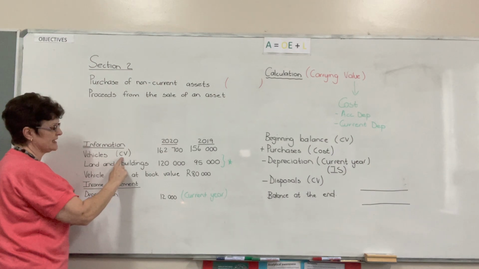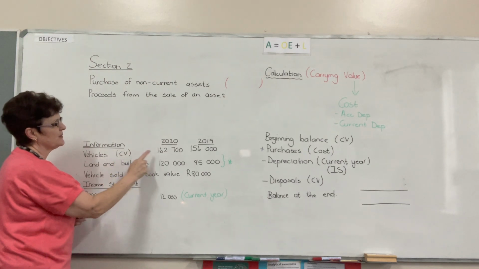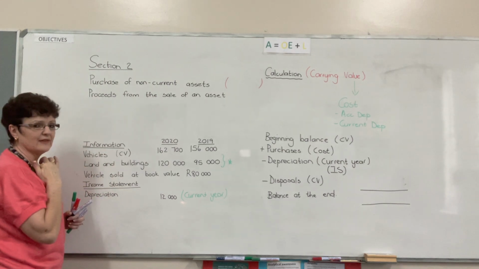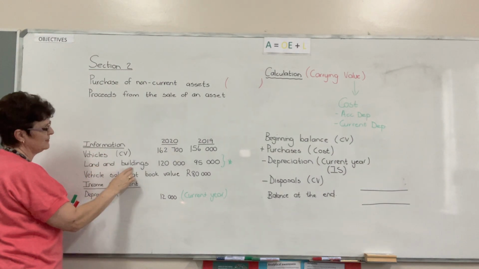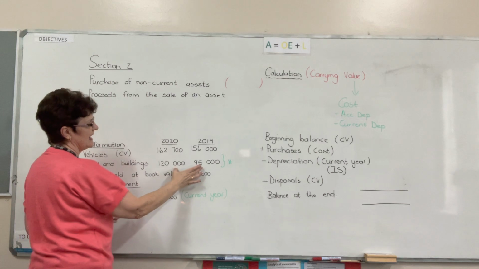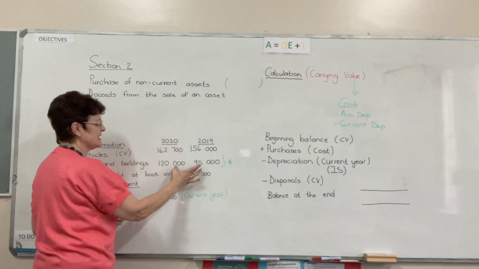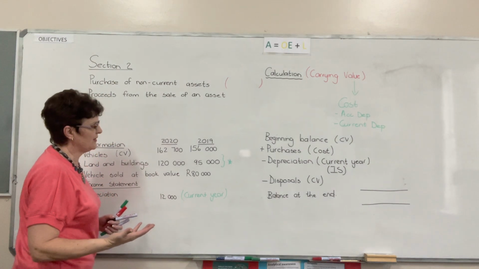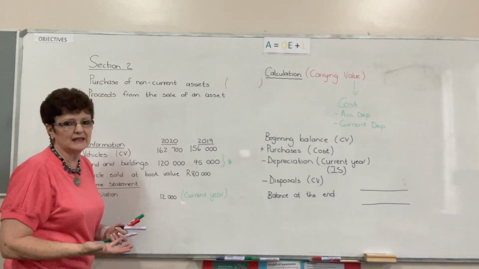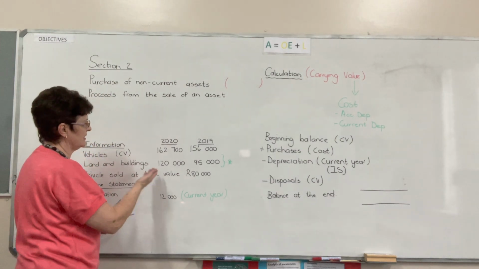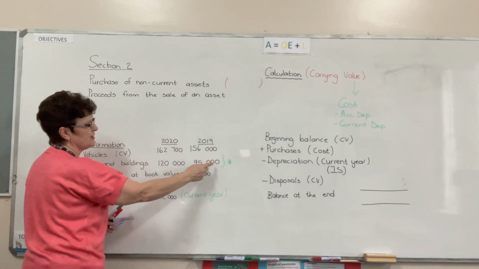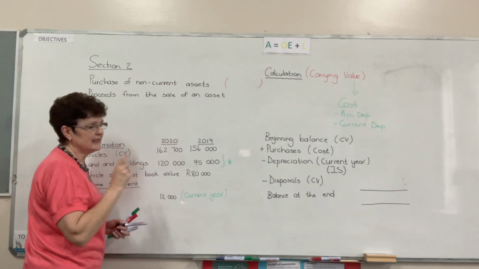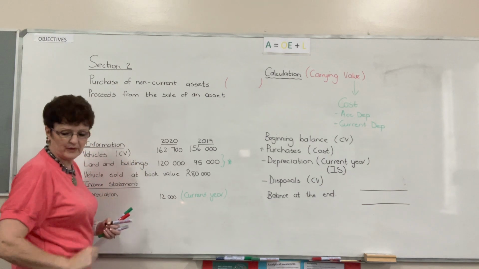Fortunately, our information is given at carrying value, so we don't have to calculate this as carrying value. Land and buildings, you can see, has increased. And this is always at cost. There can never be carrying value because we don't have accumulated depreciation or depreciation on land and buildings.